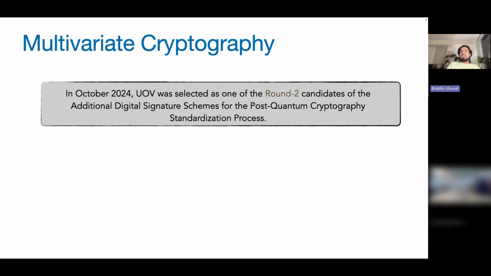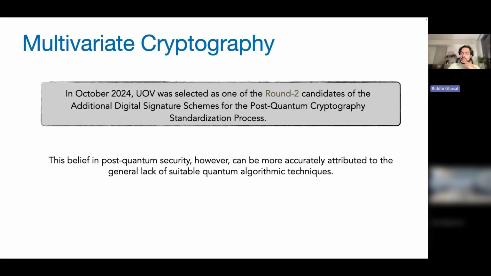So right, what do we see so far? What we see so far is that we have a fairly widely used problem that is considered to be hard, and it's even standardized as a post-quantum secure assumption.